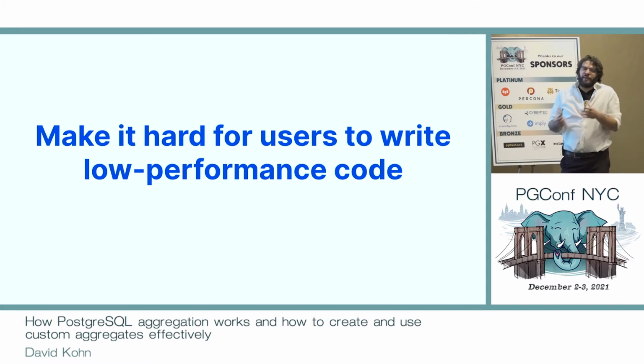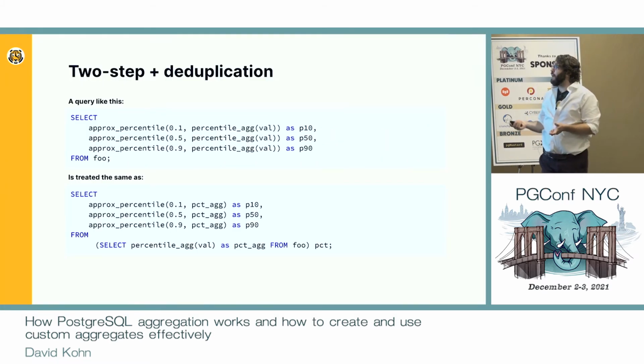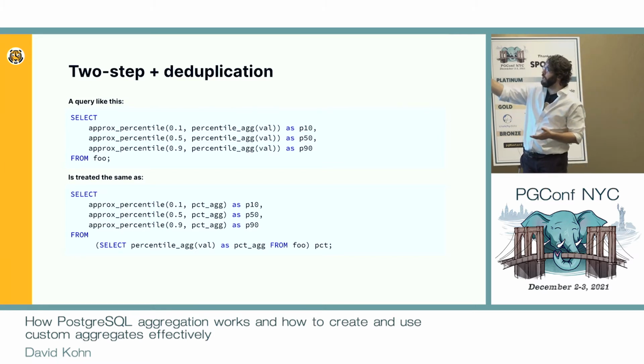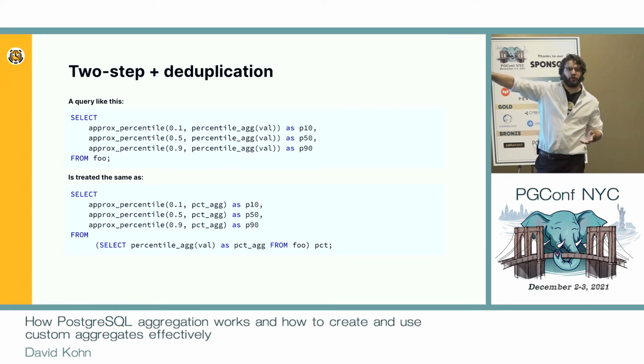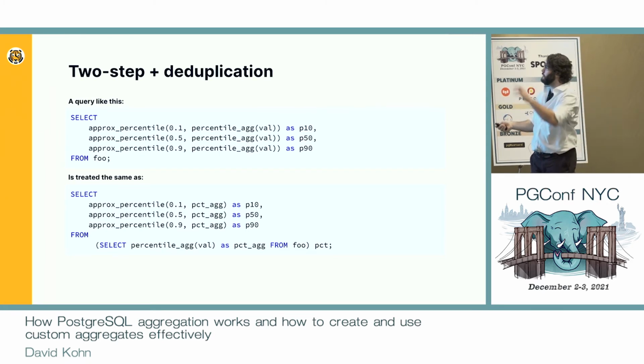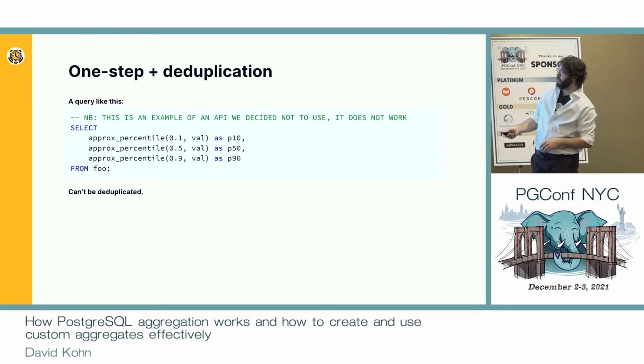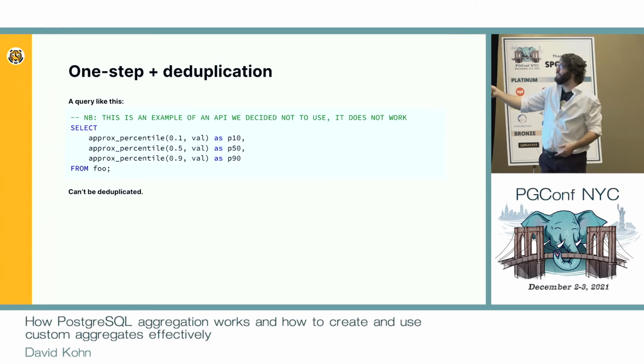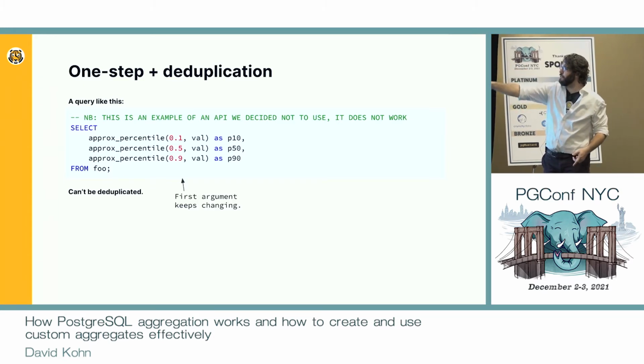And we want to make it hard for users to write low performance code. So if I have something like approximate percentile, where I have two inputs, the percentile I'm trying to approximate and the percentile agg, if I just passed in the value and the percentile, I can't deduplicate that because these are moving.